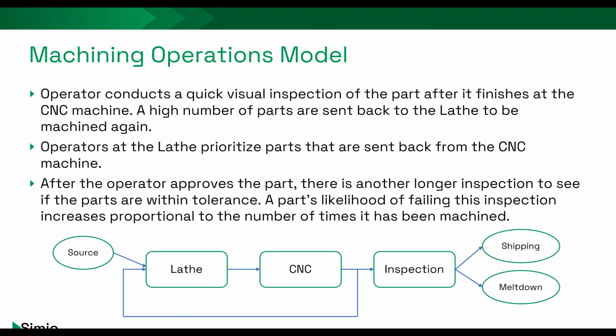If a part passes inspection, then it is sent off to shipping, and if it does not pass inspection, it's sent to be melted down so that it can be used again. So with that, now we're going to jump into our Simio model.